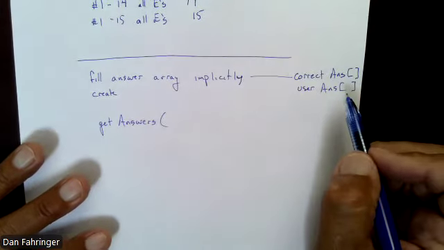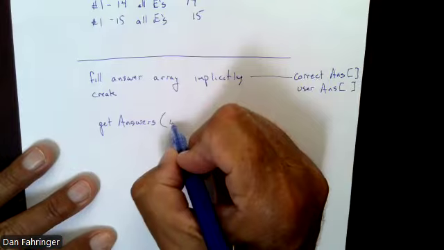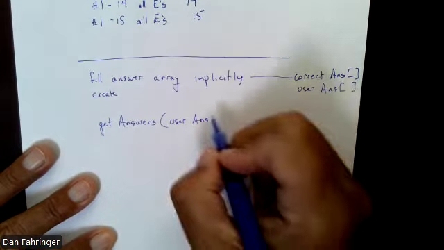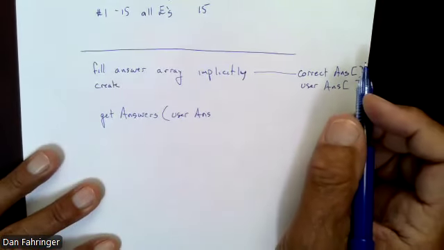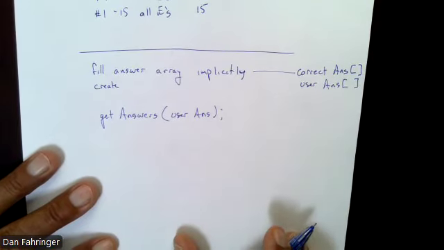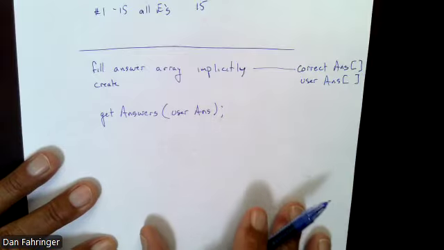And this is going to be this guy right here, user answers. And that's going to be that array, sending the address in. So here's my first function. I'm going to be sending this in.